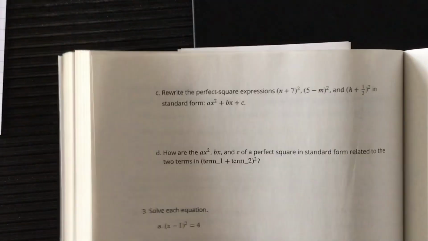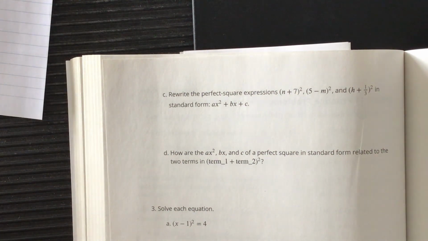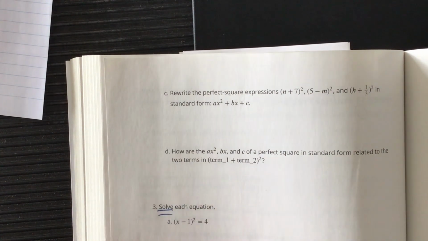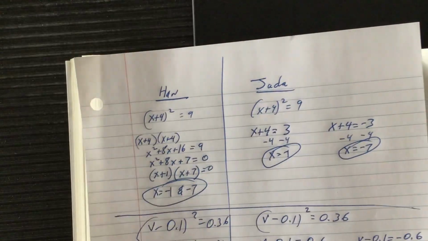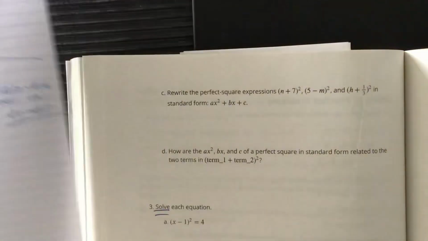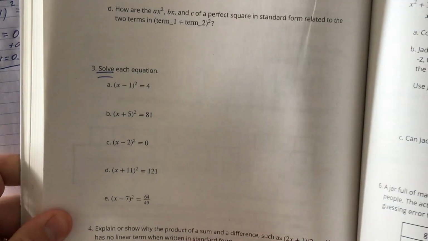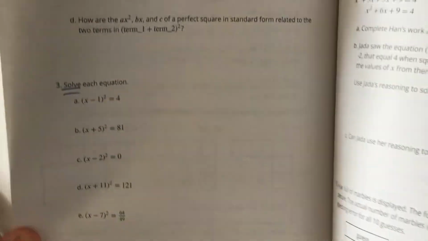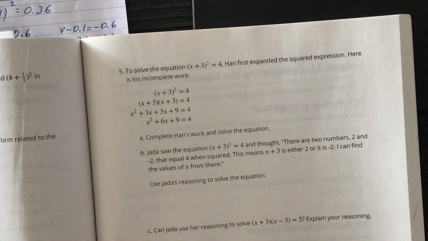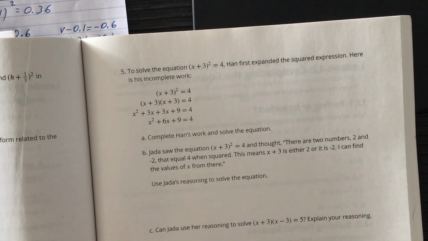Okay, 2 more questions are on the next page. Question 3, solve. Okay, that's just what we got done doing. If you prefer Jada's method, you can do that, remember, as long as it's perfect squares. Question number 4, explain or show. Question 5, Han's not done, finish it.